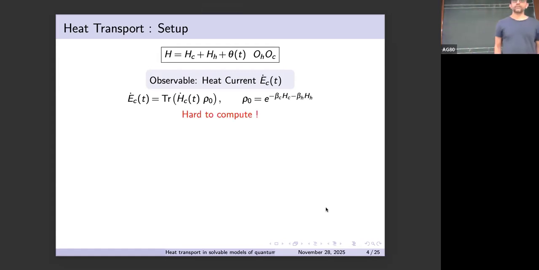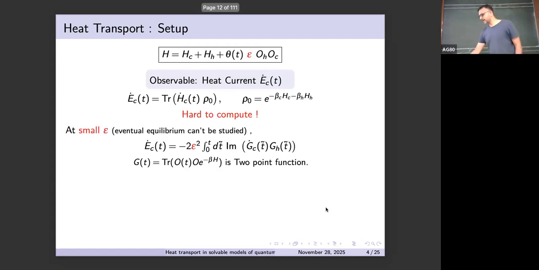So this, of course, is hard to compute. We can make progress in perturbation theory, for example, if the strength of the coupling is epsilon. What you're computing is the expectation value of the Hamiltonian of the unperturbed system.